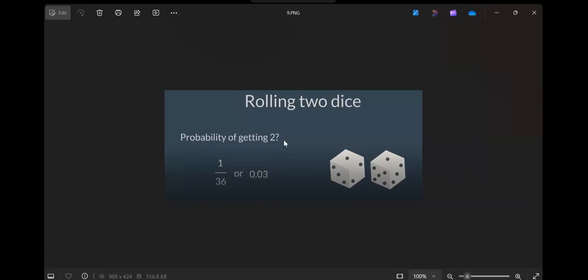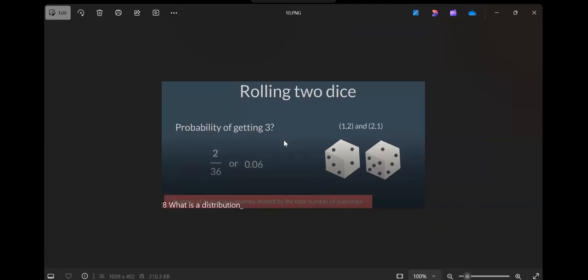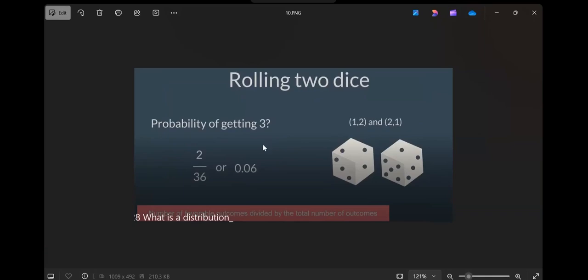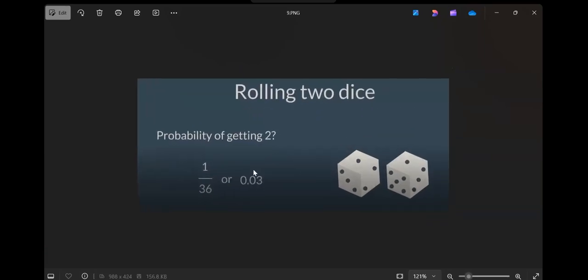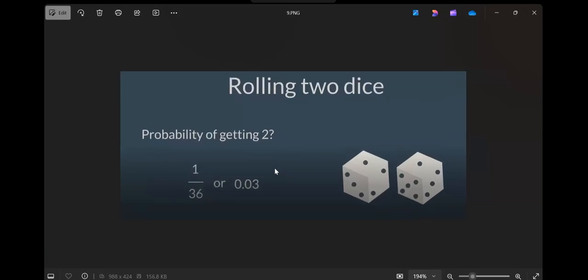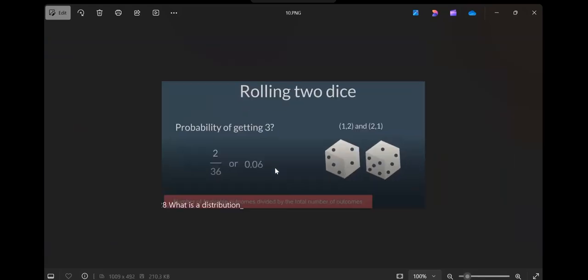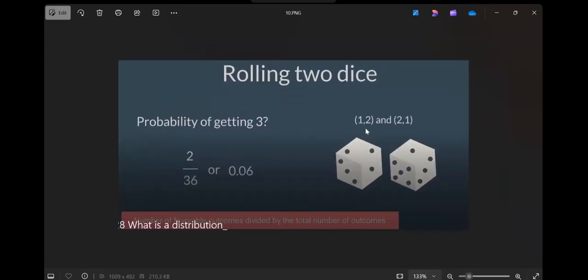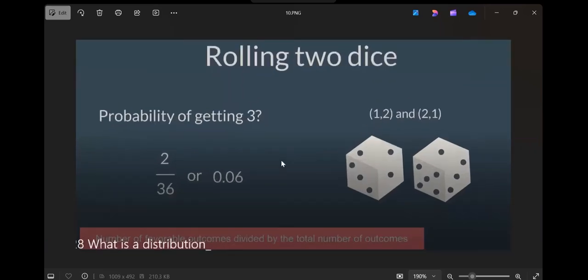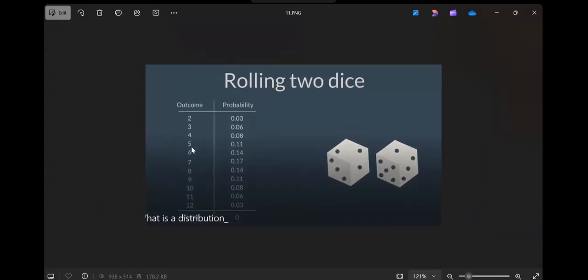So what is the reason behind my explaining this? Now have a look at it. The probability of getting 2 is 1 pair, or not? 1 by 36. The probability with two dice of getting 3, 1 2 and 2 1, is 2 by 36. So can we say 4? Now we get some probabilities, or not?